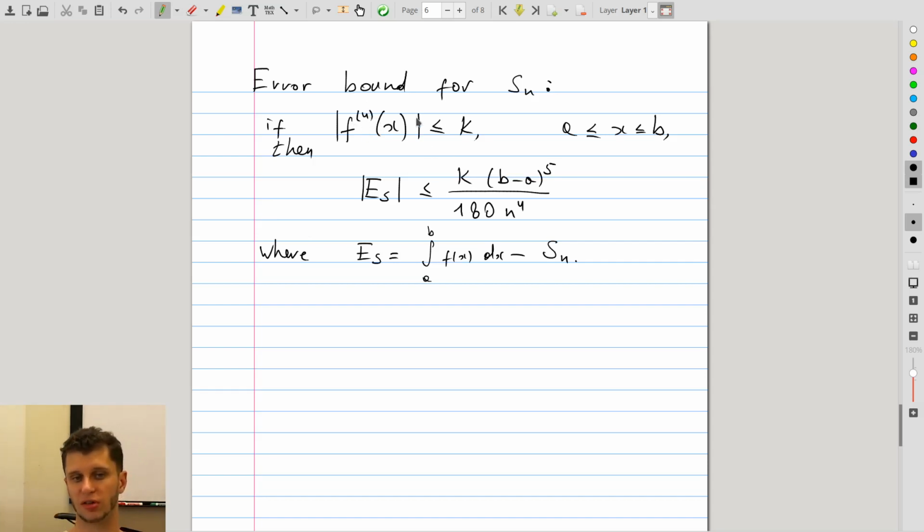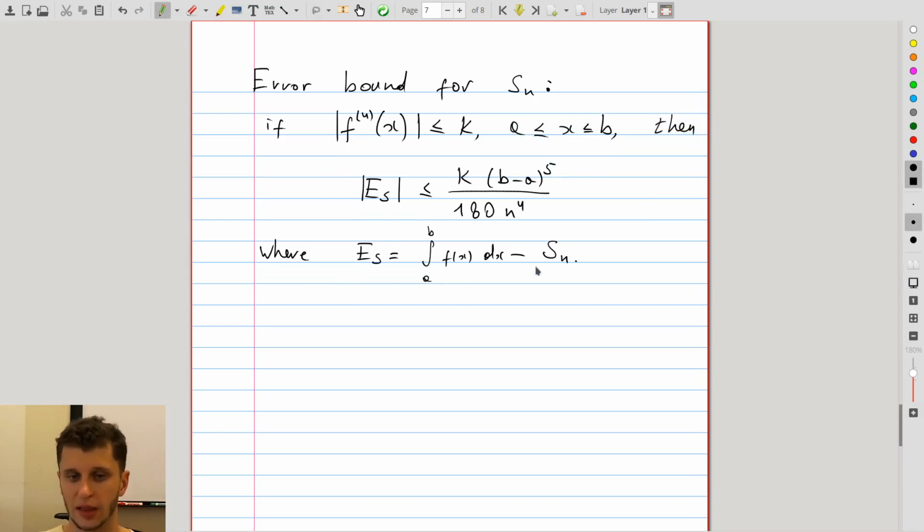If you know that the fourth derivative of f of x is not larger than some constant k on the interval of integration, then you can control the error of Simpson's rule. By error we mean the difference between the true value of the integral and the nth Simpson's sum. This error is at most k times (b minus a) to the fifth divided by 180 n to the fourth. So the key term here is n to the fourth.